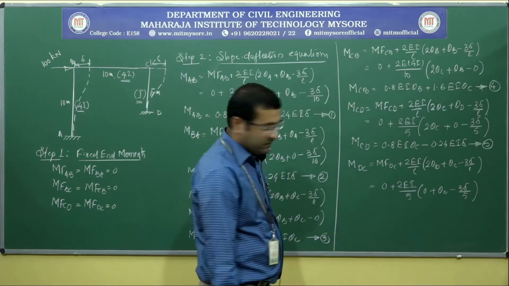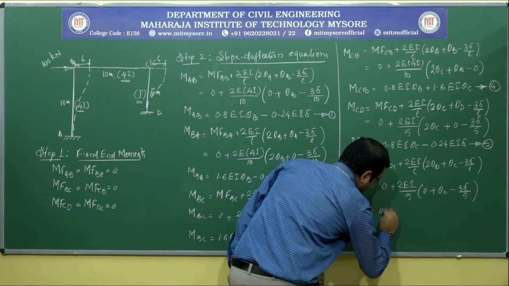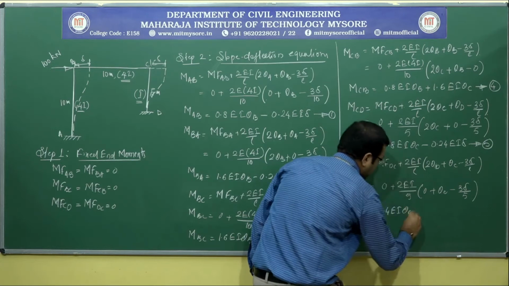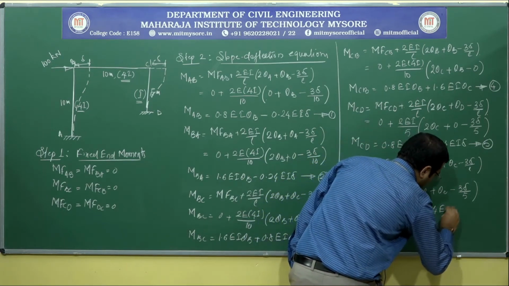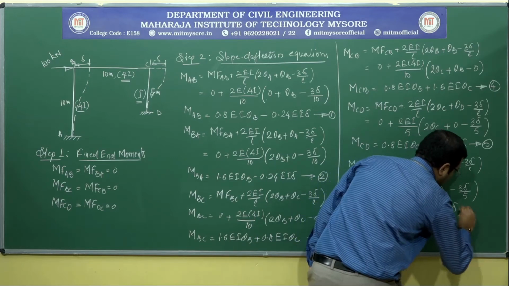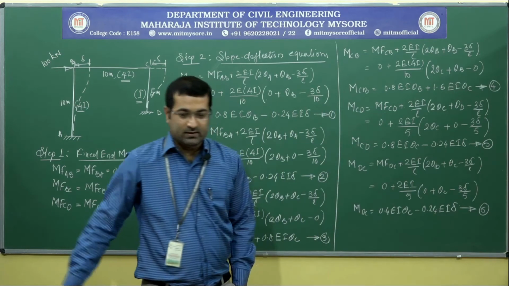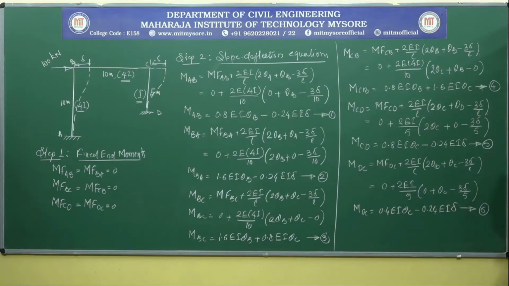So MDC is equal to 0.4 EI theta C minus 0.24 EI delta. Let us call this equation number 6. So these are the 6 slope deflection equations.